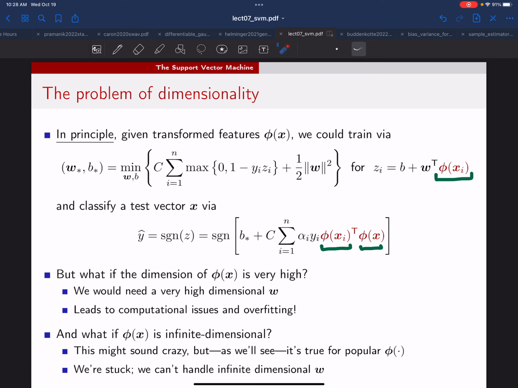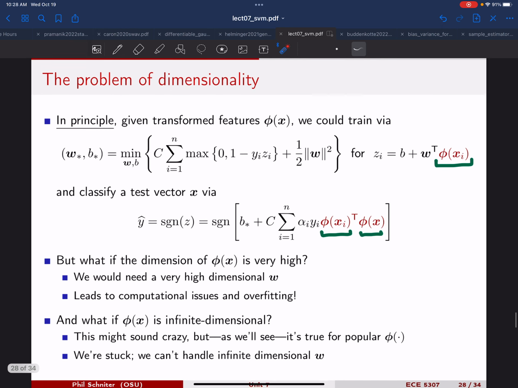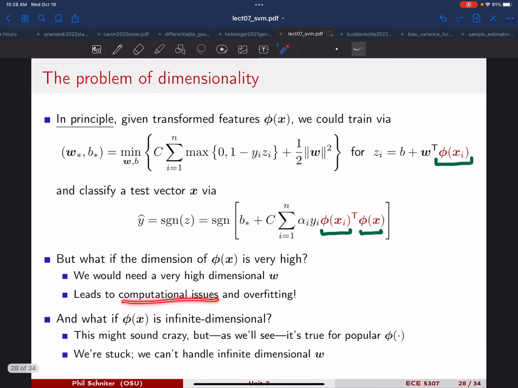The trouble with that, number one, is that if you grow the number of features in phi, then you also have to grow the number of weights in W. And that leads to complexity problems. Number one, computational issues, but it also leads to overfitting, because remember that the training size, the number of samples, is going to be fixed, but the feature dimension is going to be growing.